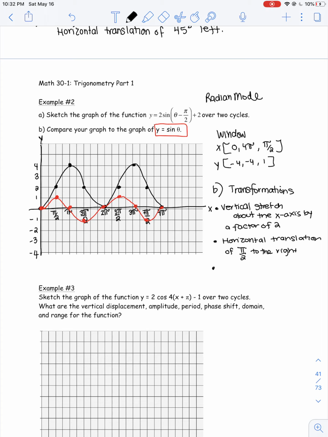And then we have a vertical translation of 2 units up.